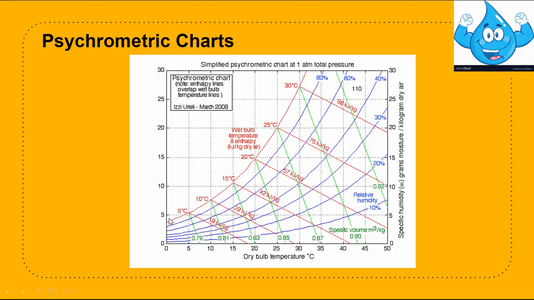You could see here the saturation curves. The different curves you're seeing here, the first one is the red one. It's the saturation curve because this is 100% relative humidity already. You can see here the blue curves, the one in the beginning which has 10%, labeled as relative humidity.